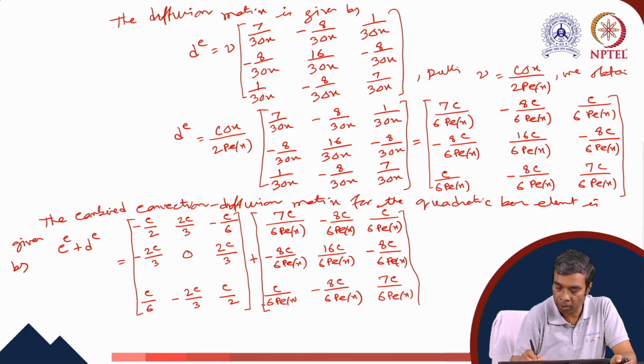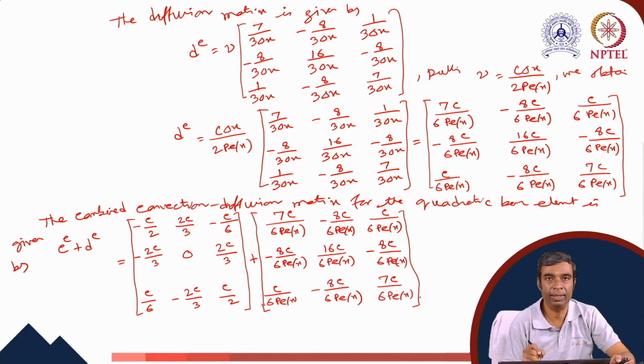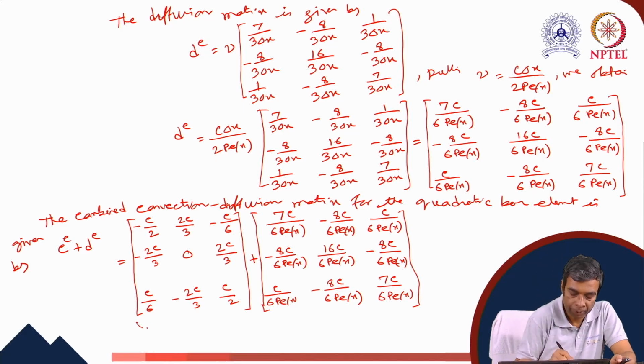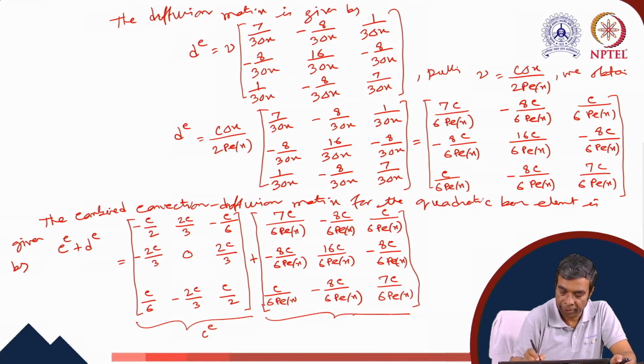So we can combine these two expressions and we get the final form. So the first portion is the convection matrix CE, the second portion is the diffusion matrix DE.